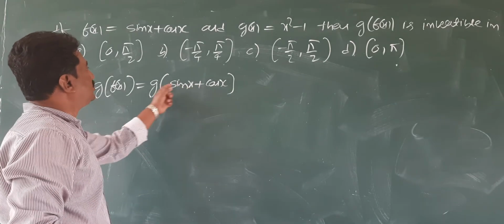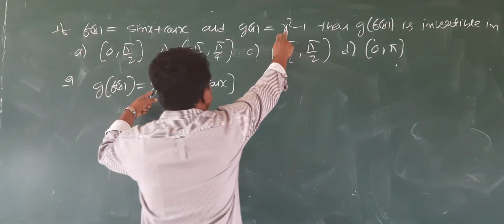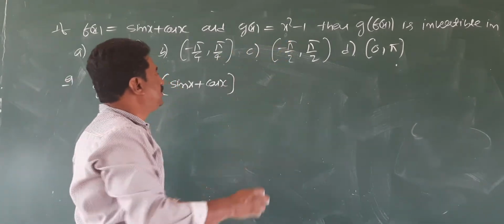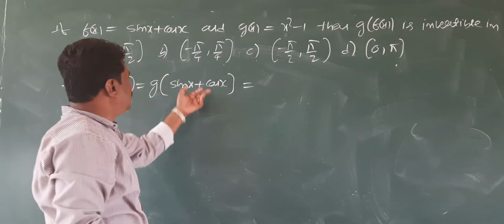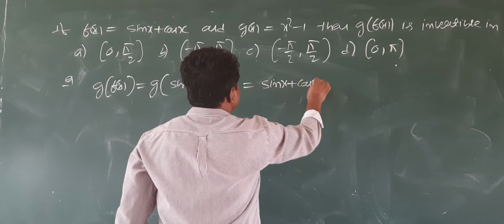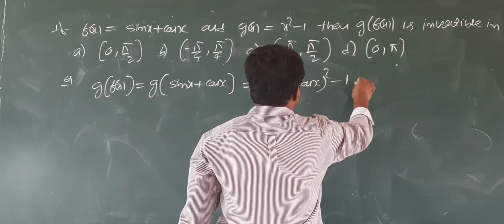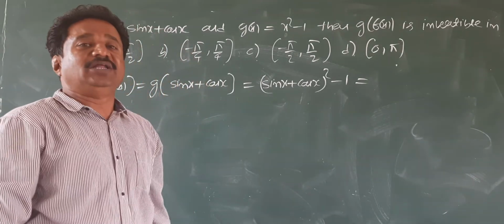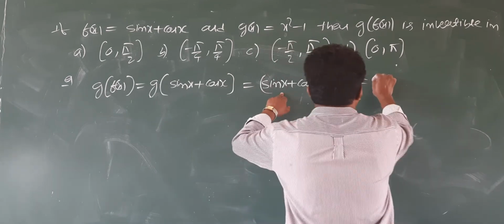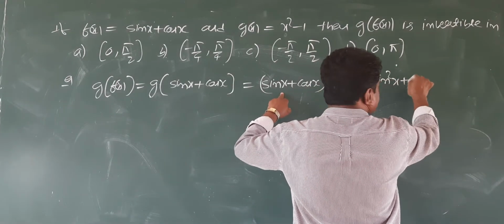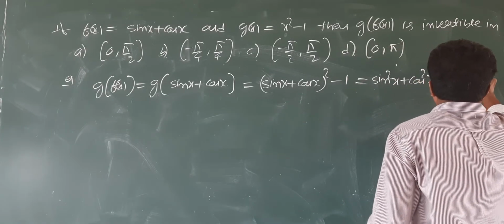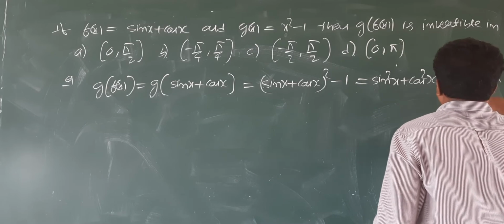Substitute sin x plus cos x in g, x square minus 1, so that for x you write (sin x plus cos x) whole square minus 1. a plus b whole square, what is it? a square plus b square plus 2ab, so sin square x plus cos square x plus 2 sin x cos x minus 1.